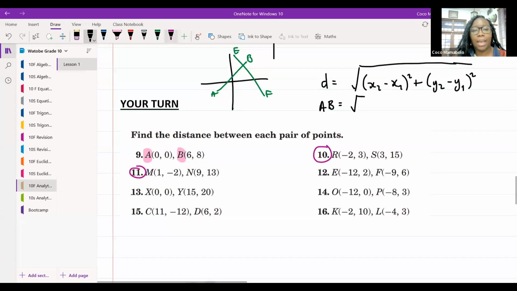Okay, and then you can choose, this can be x1, and this is y1, and this over here can be x2, and this can be y2. You can choose, or you could do it the other way around. Everybody's going to get to the same answer. In fact, I would encourage some of you guys to do it the other way around, because we're going to end up with the same answer.